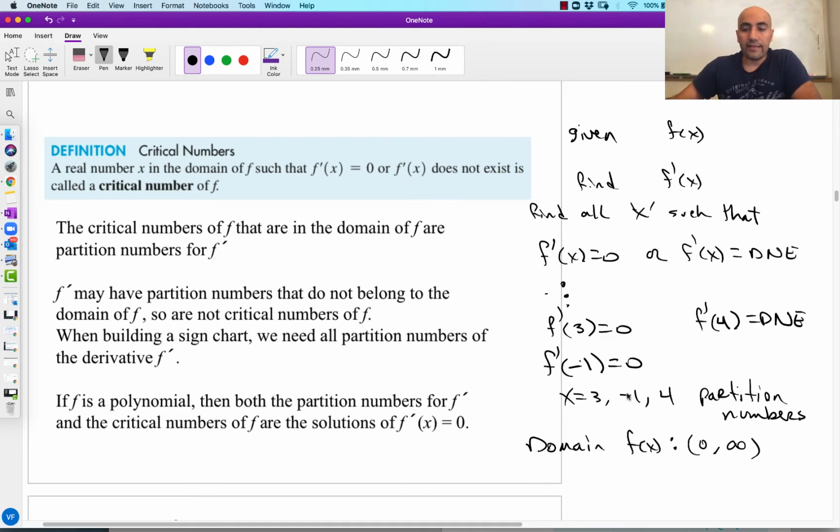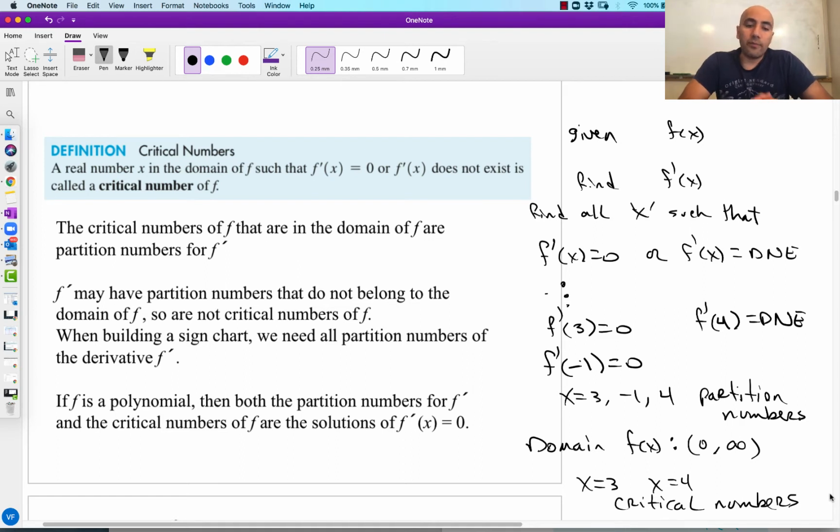So in this little made-up example, it would mean that x equals 3 and x equals 4 are what we call the critical numbers. Critical numbers are real numbers x in the domain of f such that the derivative is 0 or the derivative evaluated at that point does not exist.